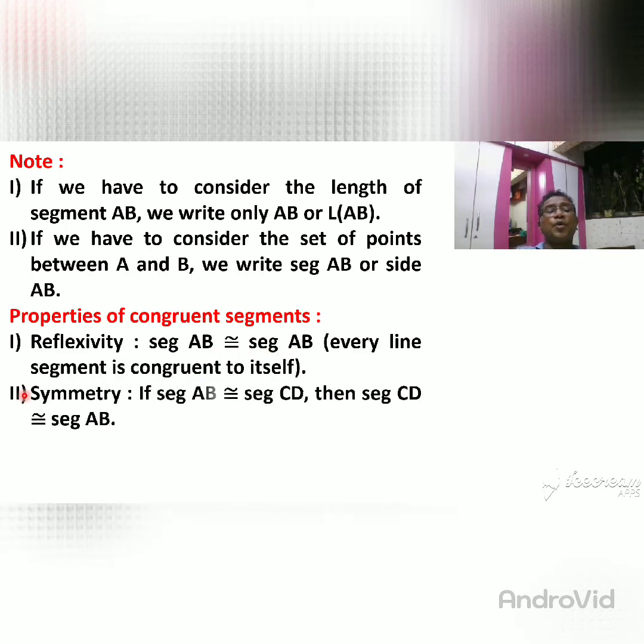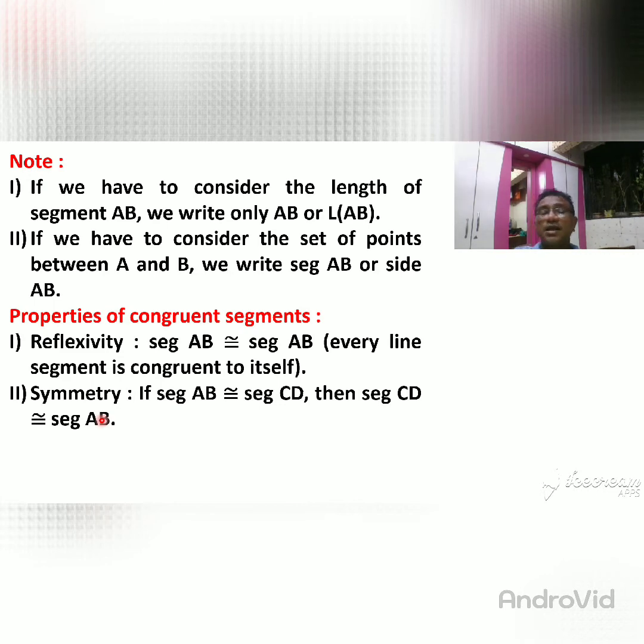Another property is called symmetry. Segment AB congruent with segment CD. In words: the first segment AB is congruent with the second segment CD, then segment CD is congruent with segment AB.